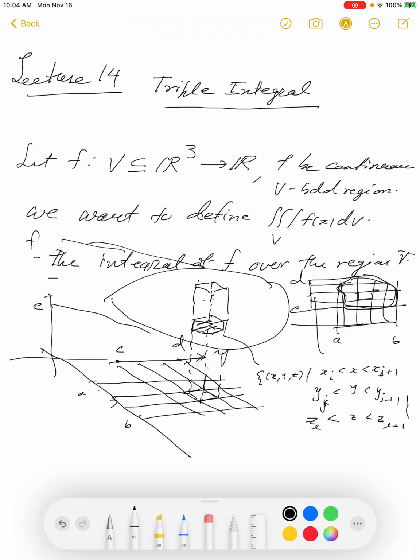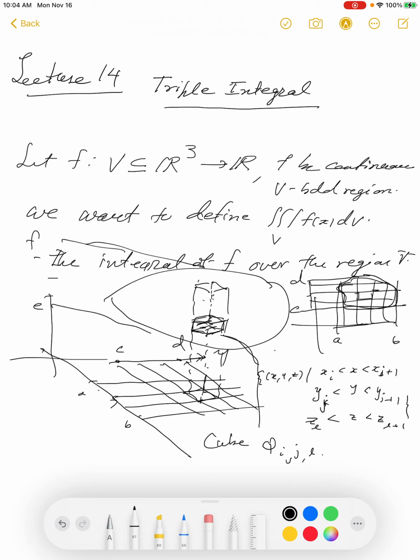So this is a cube. I call this cube Q_ijl. And then the idea is you form a lower sum and an upper sum.